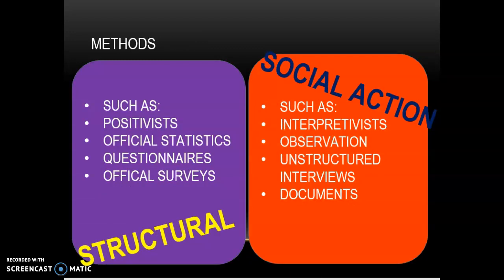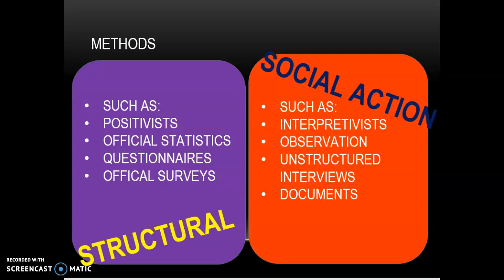So depending on how we look at society, whether it's structural as a whole or from a social action approach, this will influence the methods that they use to study the society that they're exploring. So for example, if we want to look at the structural or the macro approach, we need methods that will collect a lot of data in order to create generalisations.